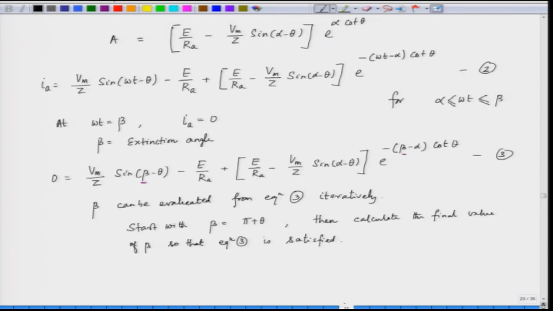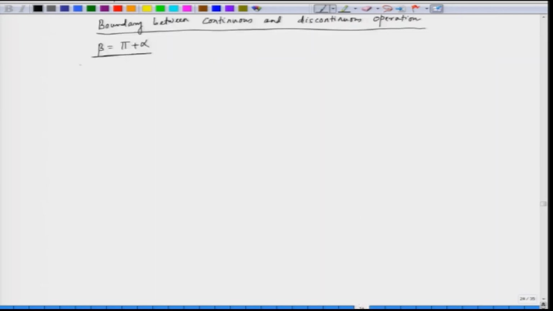Now, we substitute the value of beta equal to pi plus alpha in equation number 3 and calculate the speed for the boundary condition.